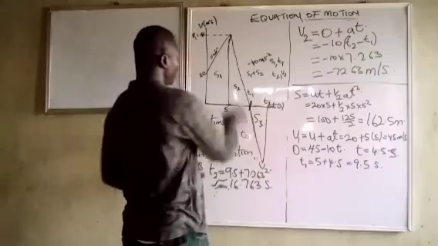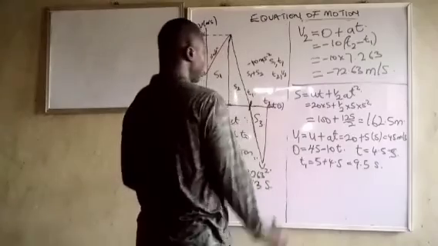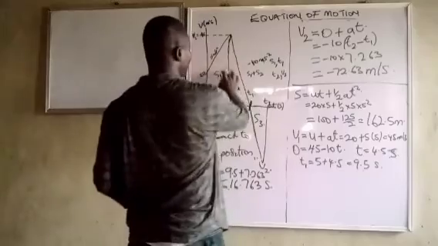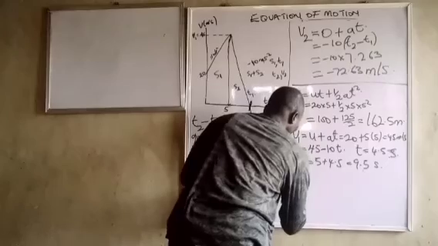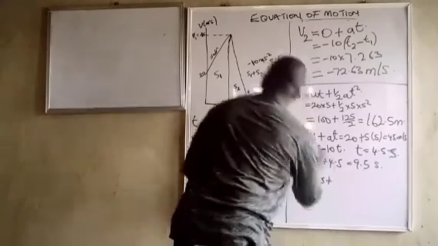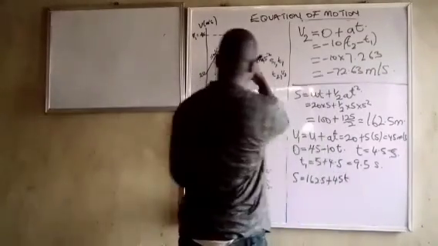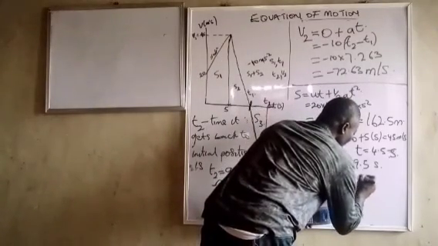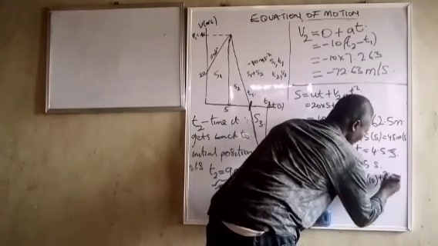The distance from here to here is 162.5. So you can say, now we have seen that the distance up to this point is 162.5. So we can say S is equal to 162.5 plus 45t, because the acceleration is minus 10, minus half into 10 t squared.